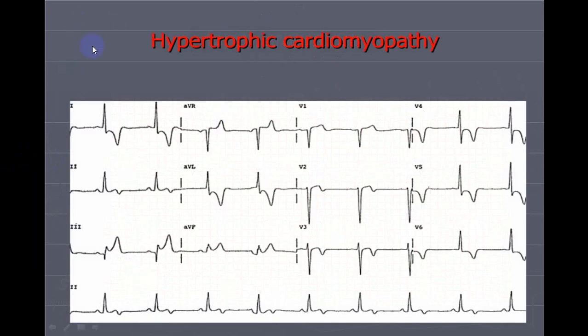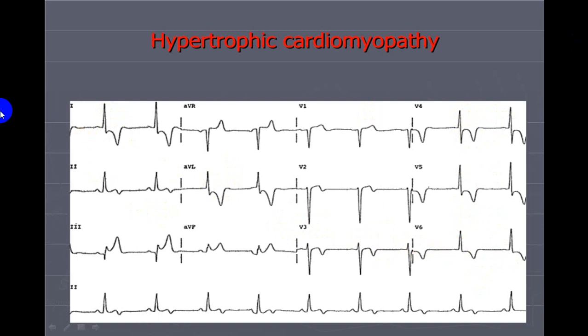In hypertrophic cardiomyopathy, you can see here there is a tall R wave with ST segment depression with T wave inversion in lead 1, AVL, V5, V6, and a good number of times you will have a Q wave in V5, V6.